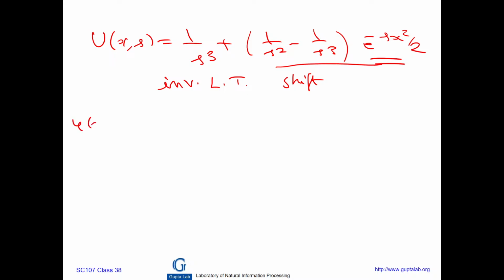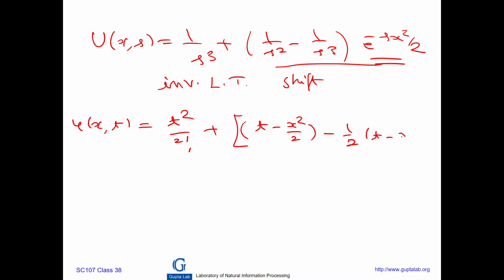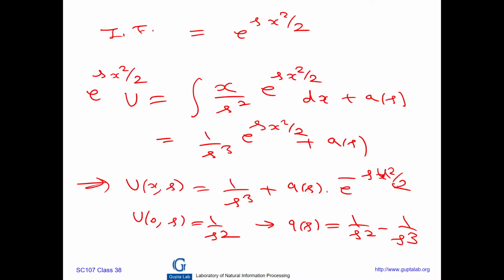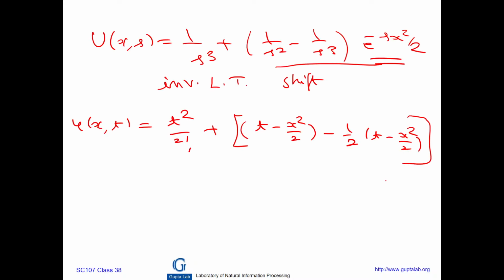So I will get the answer u(x,t) is equal to t squared by factorial 2 plus (t minus x squared by 2) minus half times (t minus x squared by 2) whole squared, multiplied by u at x squared by 2.